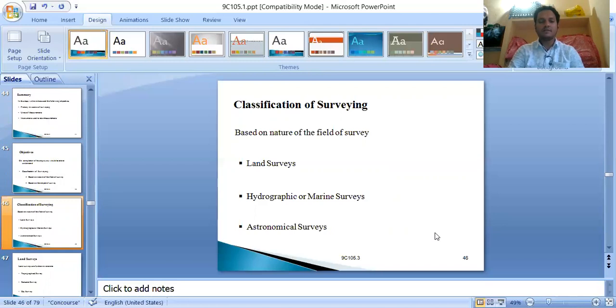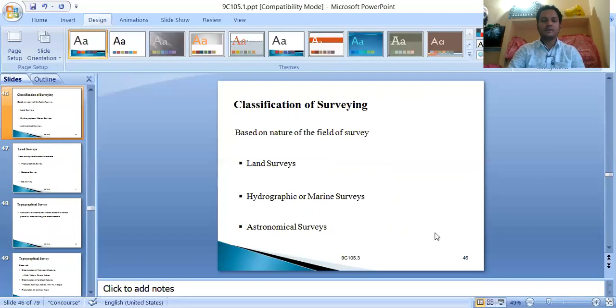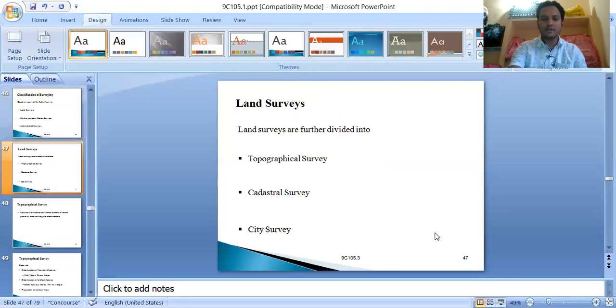We have land surveys, hydrographic surveys, astronomical surveys, topographical surveys, cadastral survey, city survey. These are the different types of surveys in the classification based on field survey. We will discuss one after another in detail.